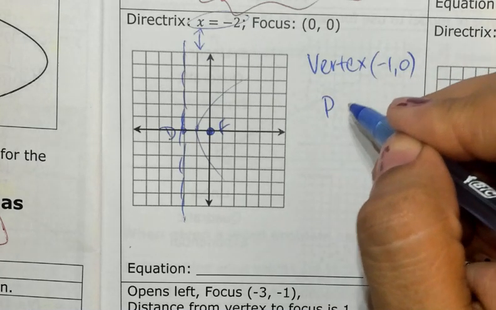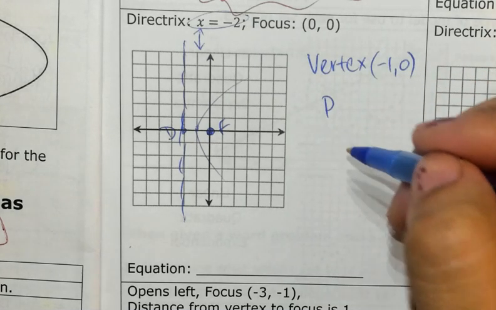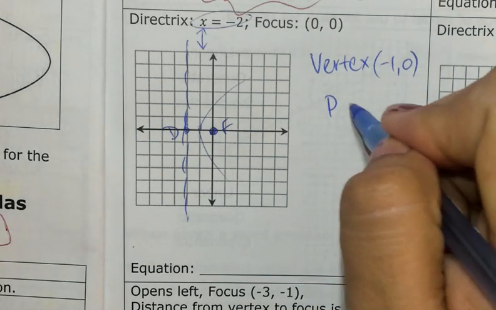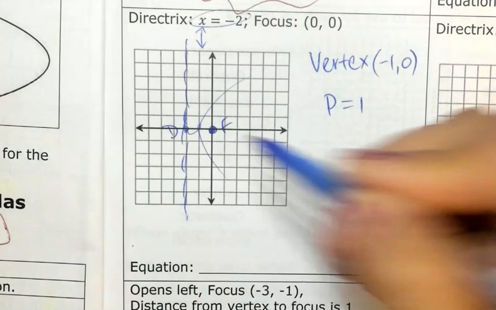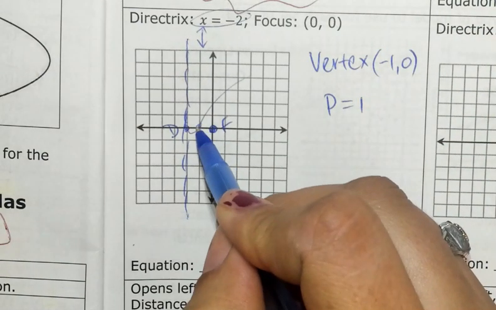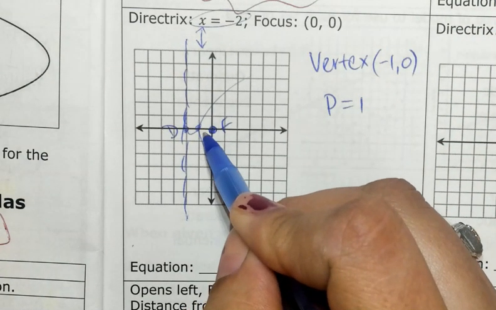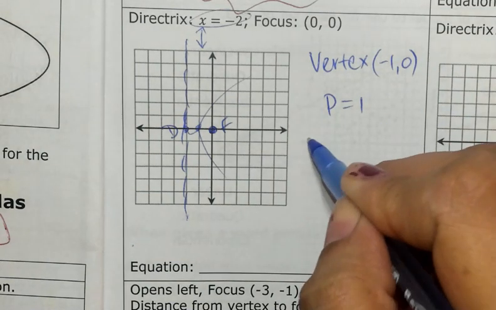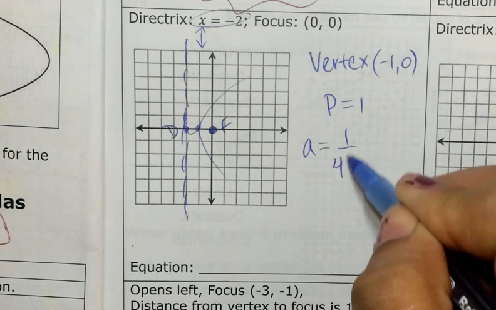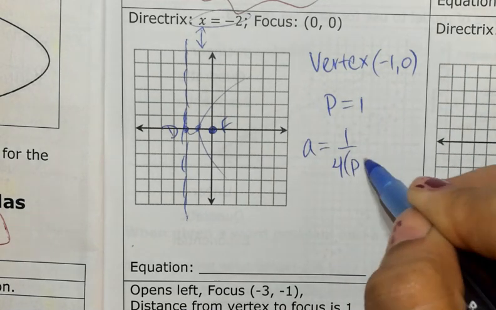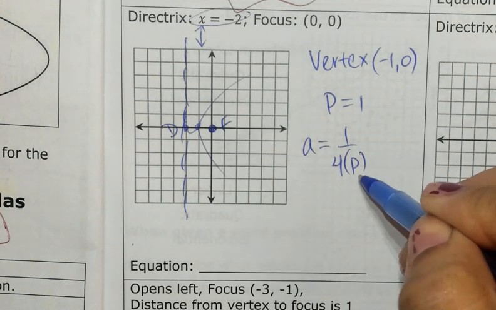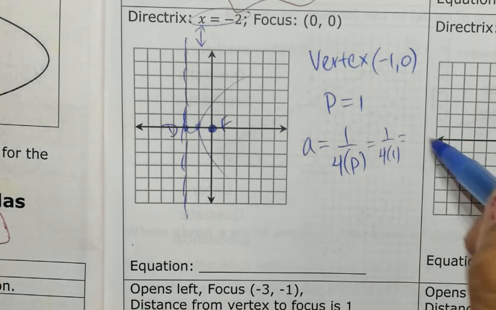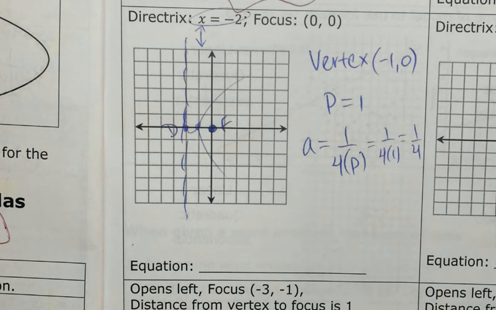P is going to be 1. There's one space between the vertex to the directrix and one space from the vertex to the focus. And then we can find the A value. 1 over 4P, which is 1 over 4 times 1, which is 1/4.